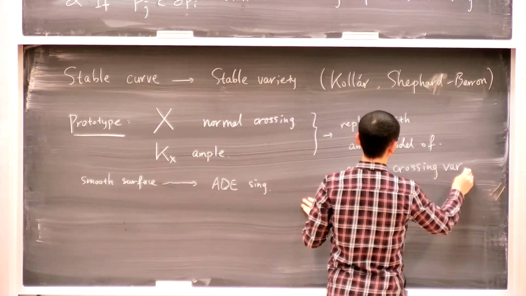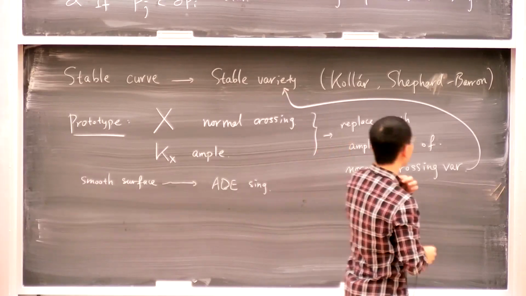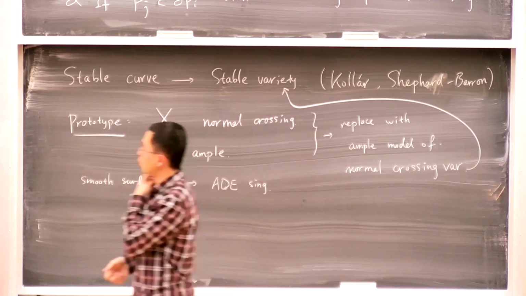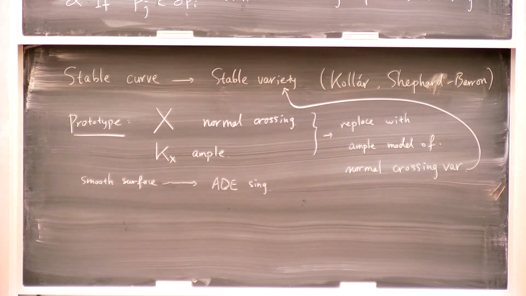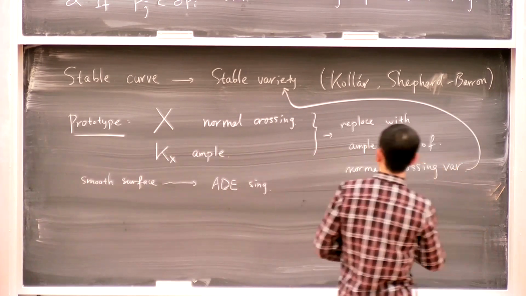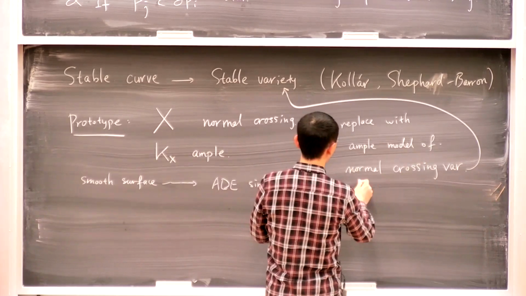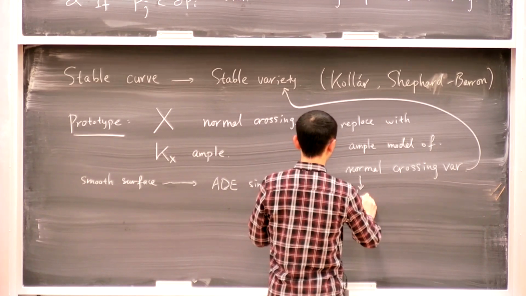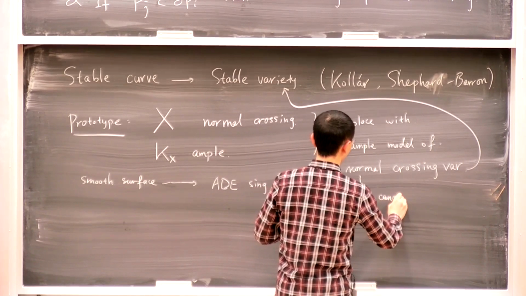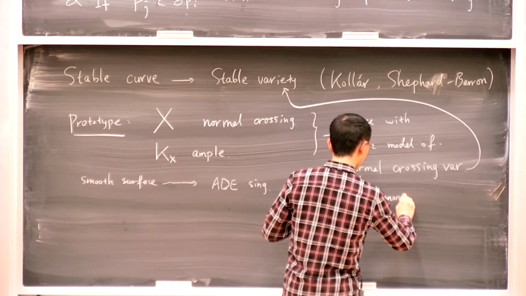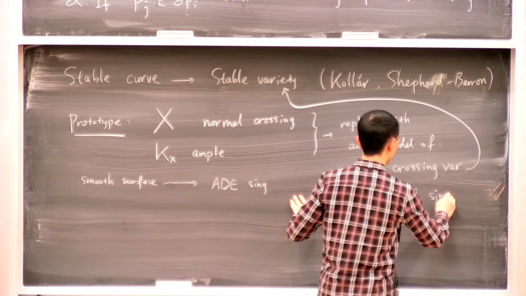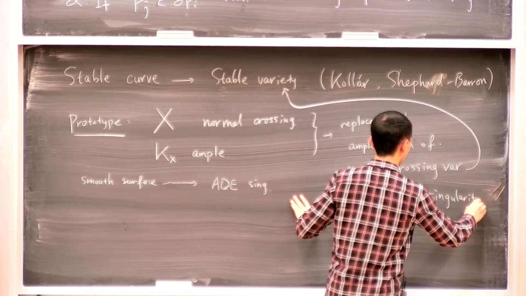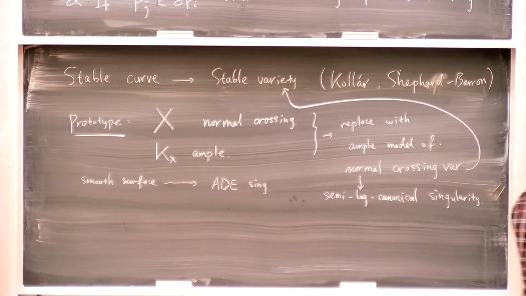So basically, this gives you the stable variety. And moreover, we would also like to talk about weighted points here. In the higher dimensional case, that would give us a boundary divisor. It's known that if you take these ample models, the singularities you end up with are what we call semi-log canonical singularities. So they are no longer normal crossing, but in higher dimension, that's the best we can hope for.